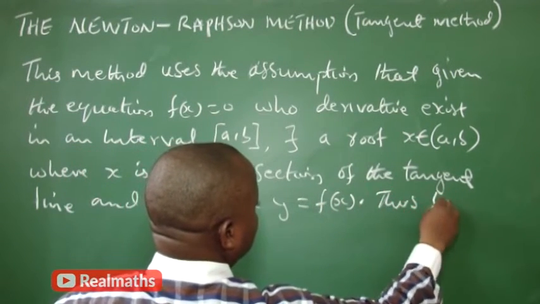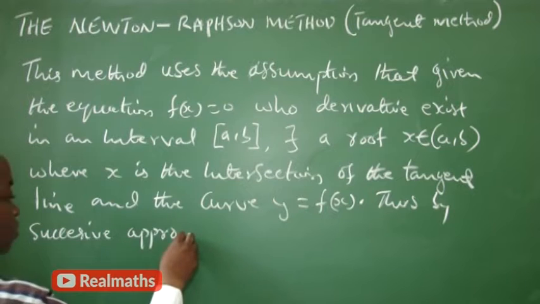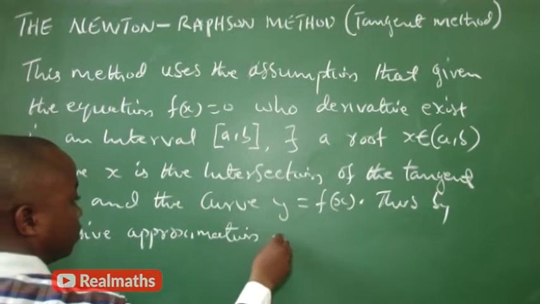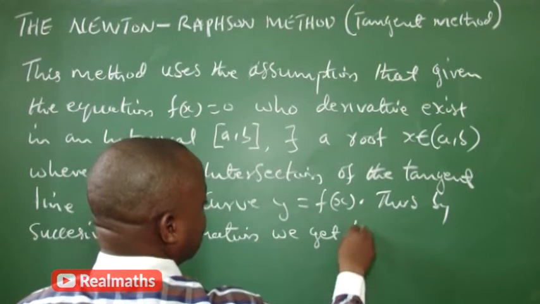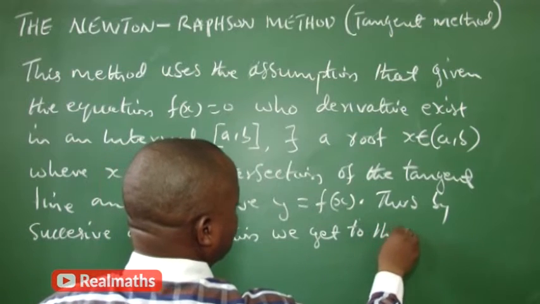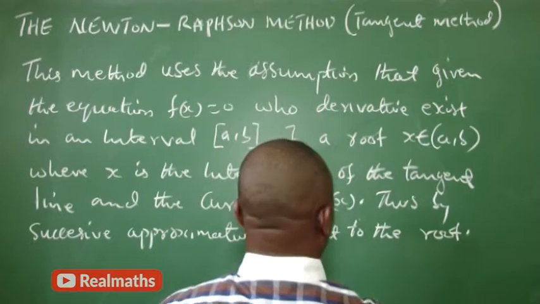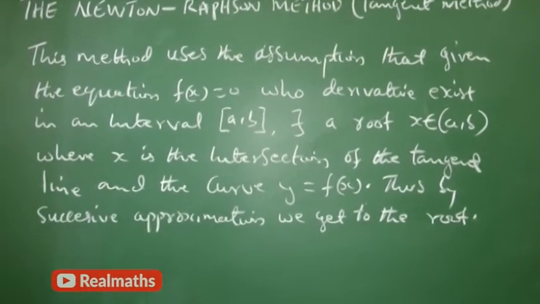Thus, by successive approximation, we get to the root. Now, let's look at the graph of what we are trying to explain here.